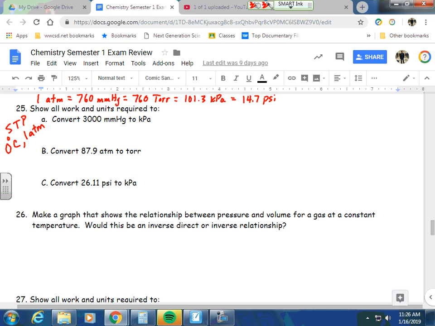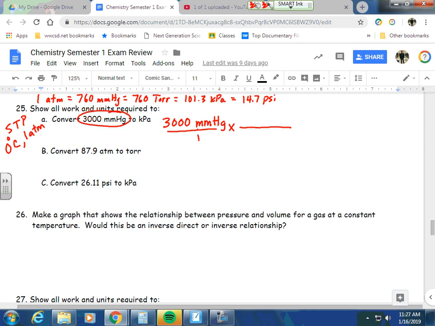We want to use our knowledge of comparisons to solve these problems. Now, the way I do it is I say, take what's given to you and always start your equation with that. Put it over 1, too, so that you remember it's on the top part of the equation. All right, so what's given to me is 3,000 millimeters of mercury, so I'll just put that over 1. I'm going to multiply this by a conversion factor. So I'm going to do times, and then I'm going to do a line, and I'm going to put some units over here, and I'm going to use these relationships up on the top.